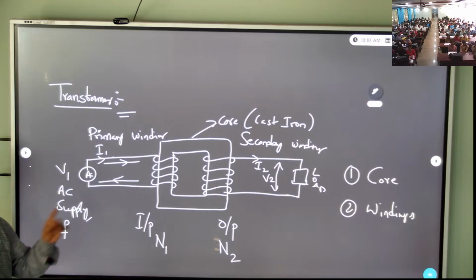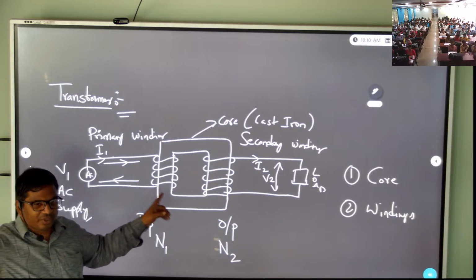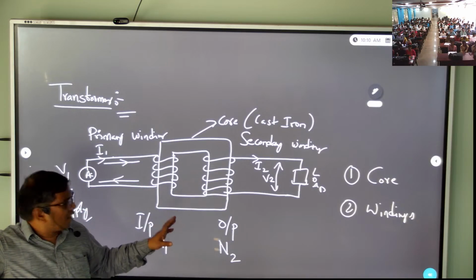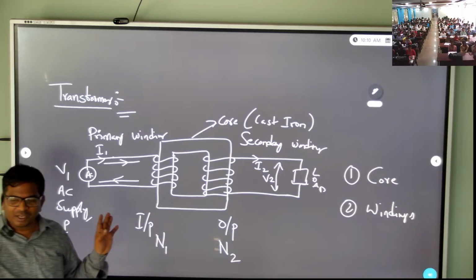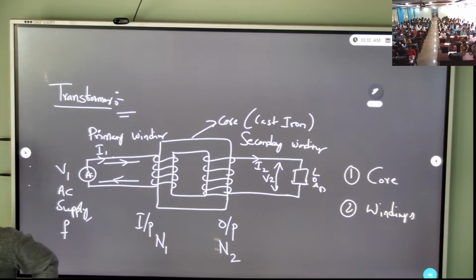Now, by observing this, is there any circuit connection between primary and secondary? A copper wire going directly from the input to the output?